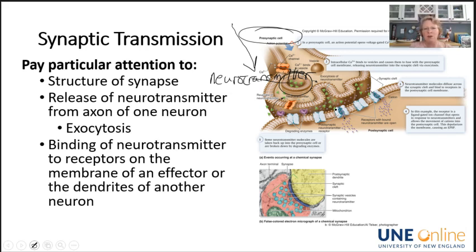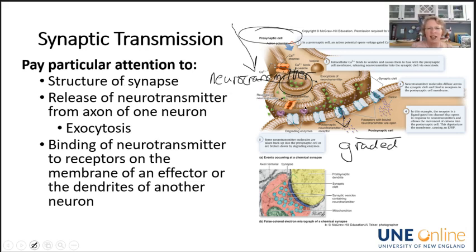The neurotransmitters will diffuse across that gap, bind to the receptors here, and start initiating a response in our postsynaptic cell. And this is usually a graded response, meaning you have to get enough bindings of neurotransmitter to get enough of our signal so that we can actually get a response in this particular cell.